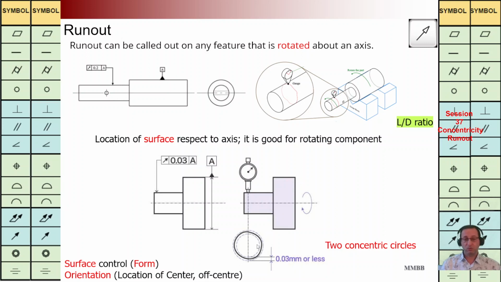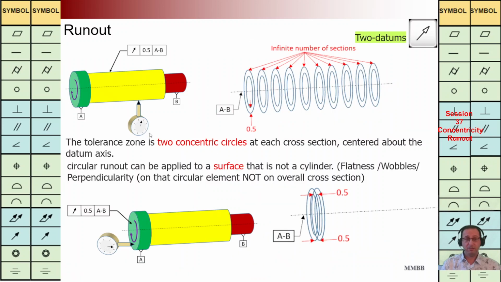We are going to control the surface, let's say form and orientation of that cross section. We are going to check different cross sections individually, and we are going to check the form for each cross section individually.